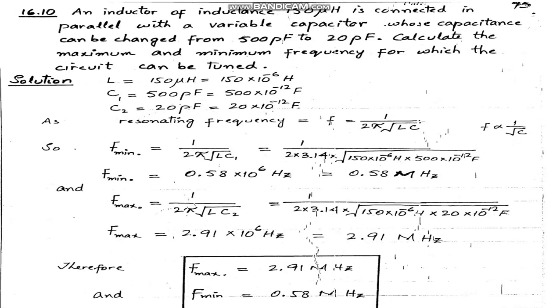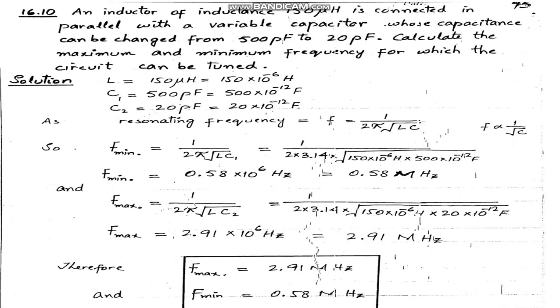For maximum frequency, F maximum is equal to 1 over 2 pi under root LC2. We put the values in here: 1 over 2 multiply 3.14 multiply under root 150 multiply 10 to the power negative 6 multiply 20 multiply 10 to the power negative 12.